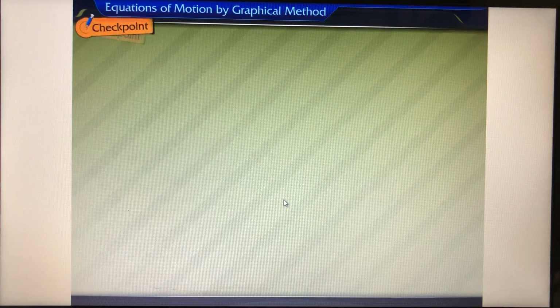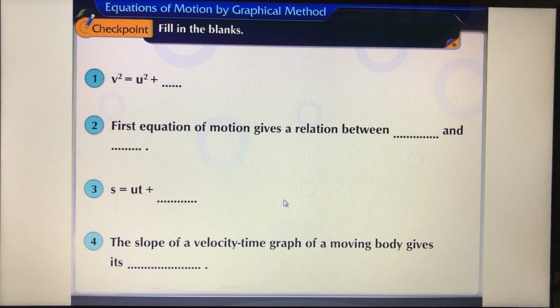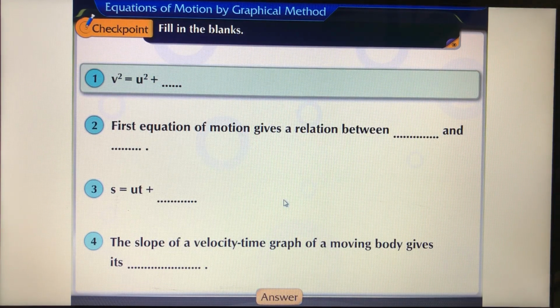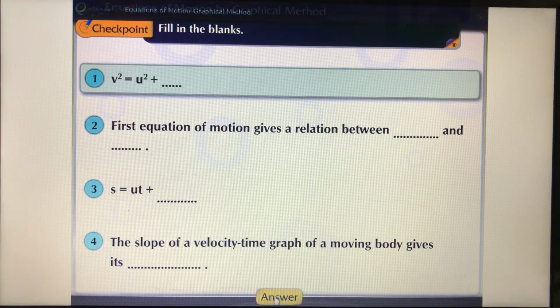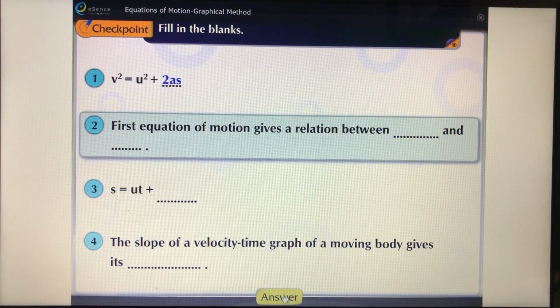Let's do a quick check. You know the equations very well. Yes, tell me, raise your hand. Yes, you are right. It is the third formula. The first equation of motion gives a relation between velocity and time.